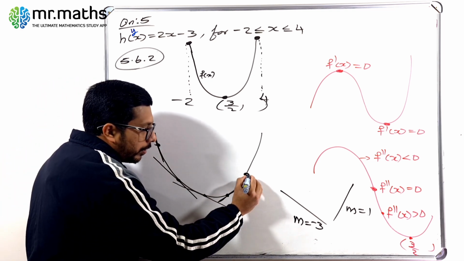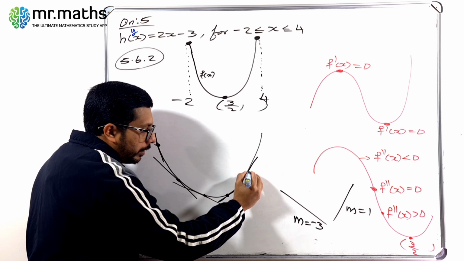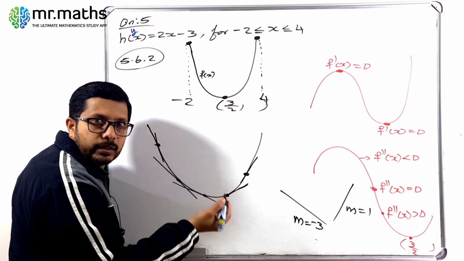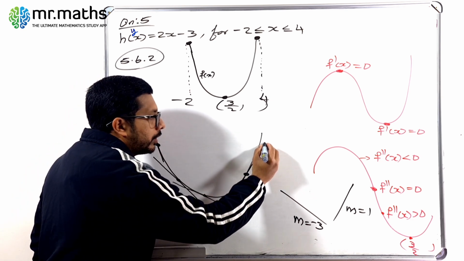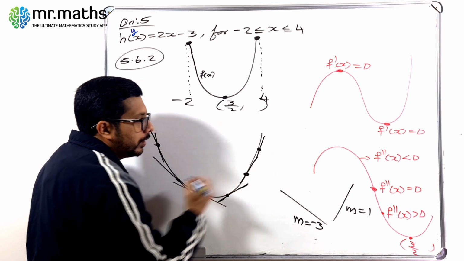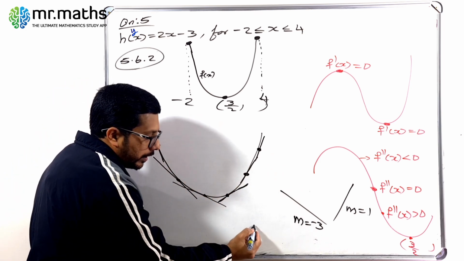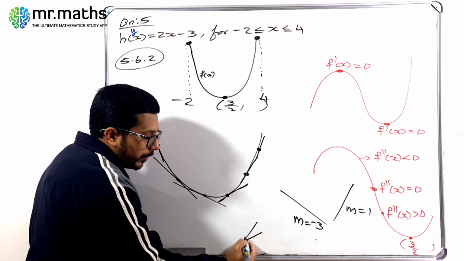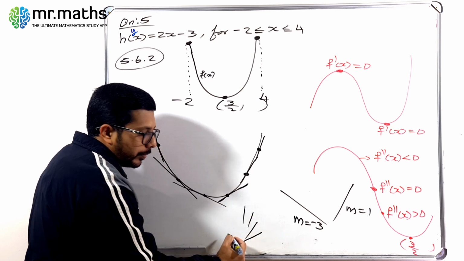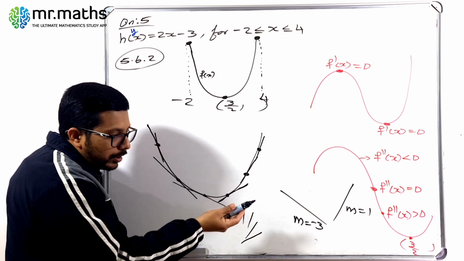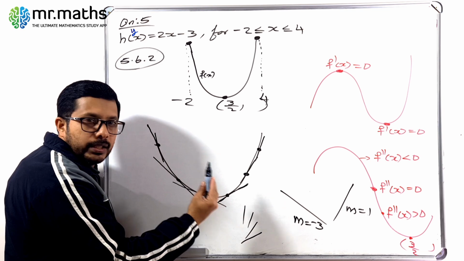If I draw a tangent here, what is the gradient? It's bigger. If I draw a tangent at this point, again the gradient is increasing, coming like this, like this, like this. That means the slope, or the gradient, is increasing.